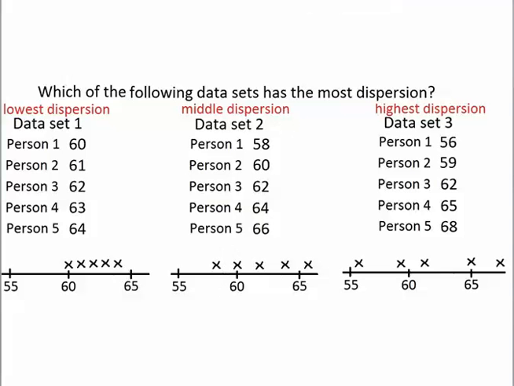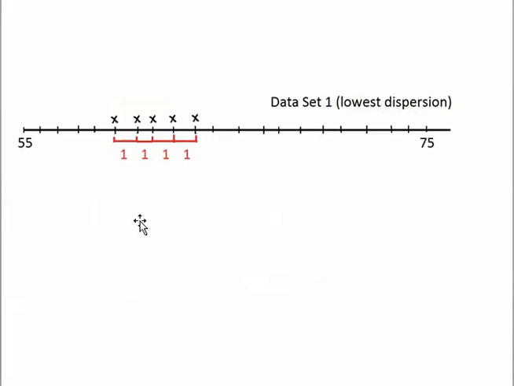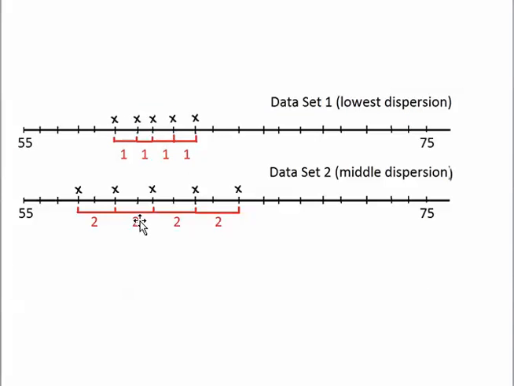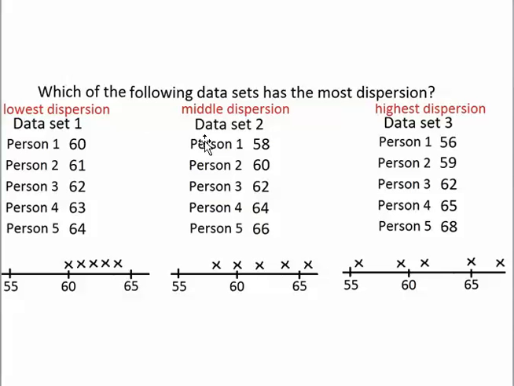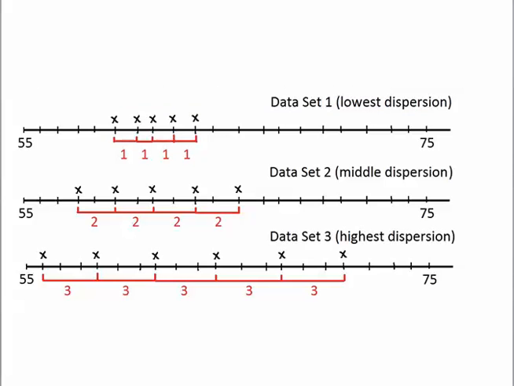So in data set 2, the values were all 2 apart, which means that data set 2 had higher dispersion than data set 1. In data set 3, the values were all 3 apart because we had 56, 59, 62, 65, and 68. So data set 3 had the highest dispersion because the 5 values were all 3 apart.